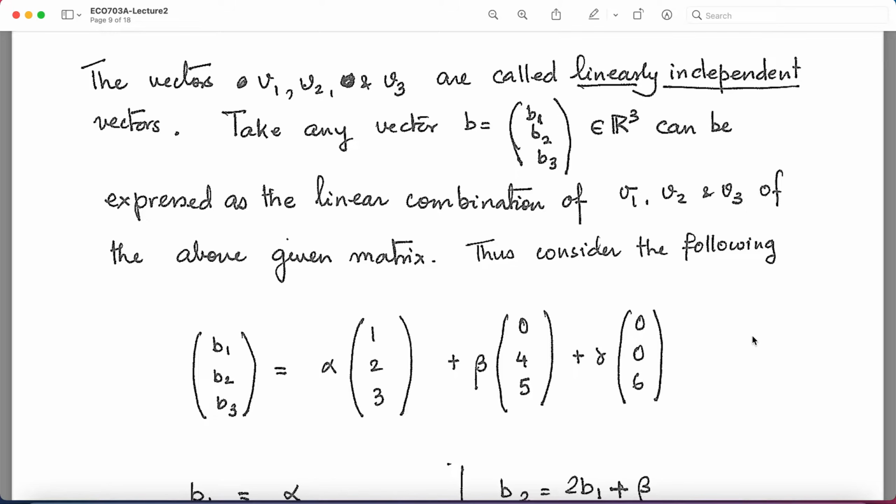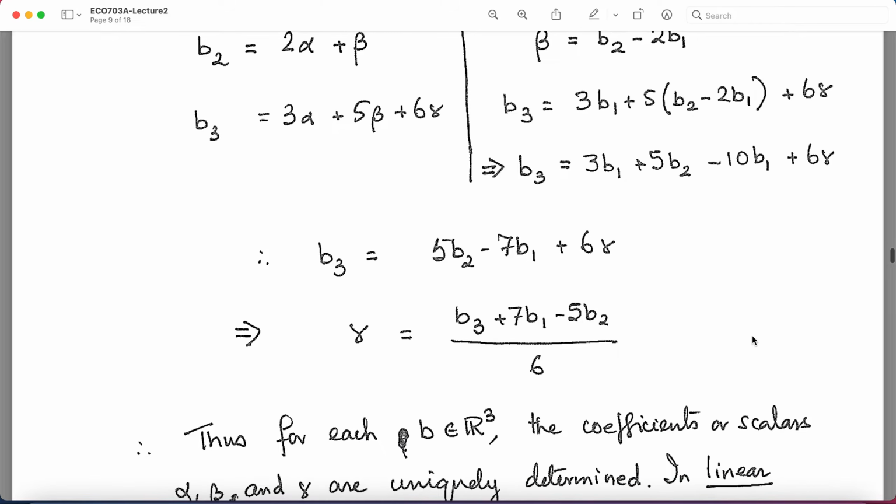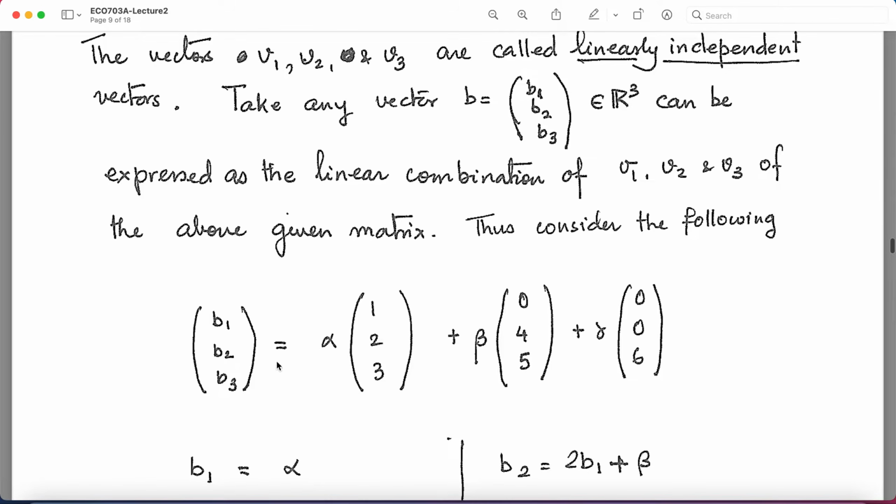If I take these 3 vectors V1, V2, V3, which are (1, 2, 3), (0, 4, 5) and (0, 0, 6), and form the matrix, then if I take any vector B equal to (B1, B2, B3) in R3, it does not matter what the vector is, I can very simply show that there are alpha, beta, gamma which solve this system of equations.